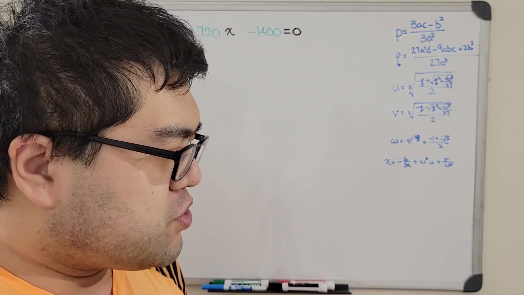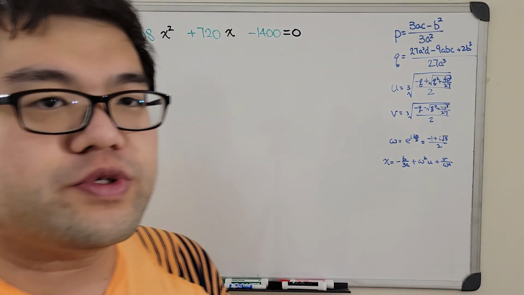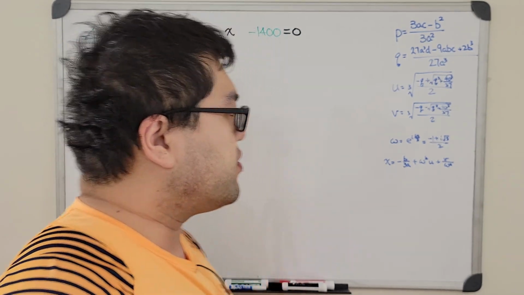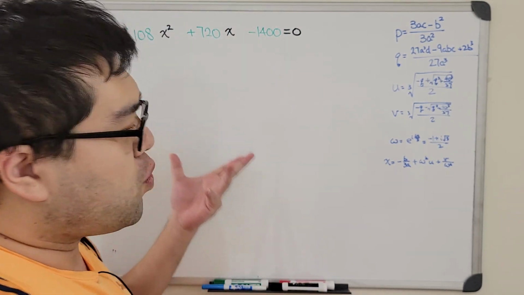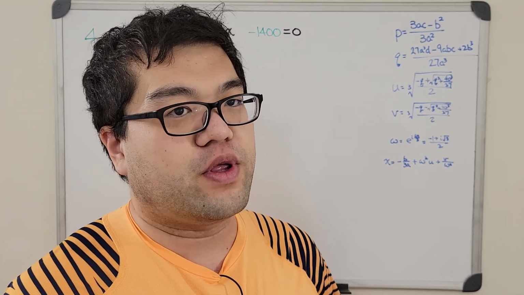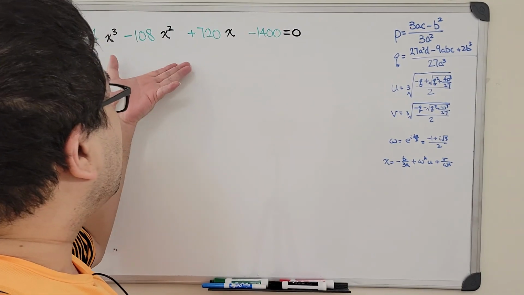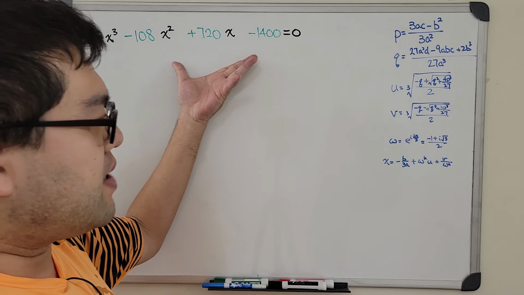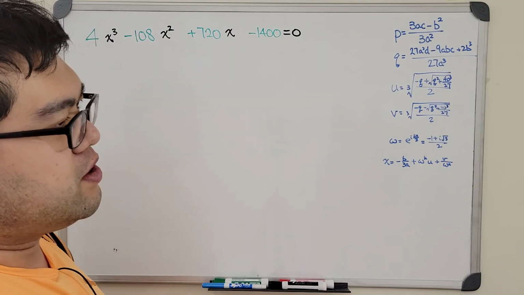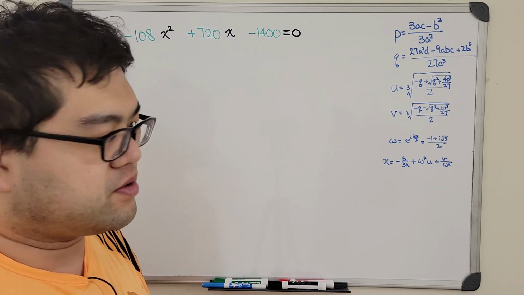So today we're going to solve a cubic equation using the cubic formula that we have found. The reason we would do that is because one of the viewers put a comment down in one of those videos and wanted me to give an example and try to solve it using the cubic formula and see if we'll be able to get the same result.